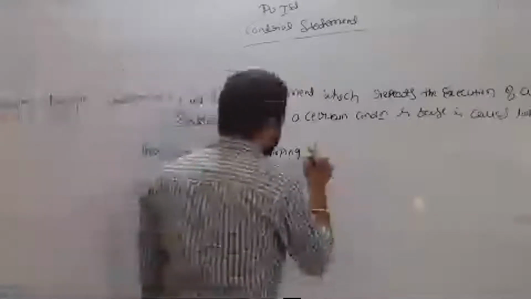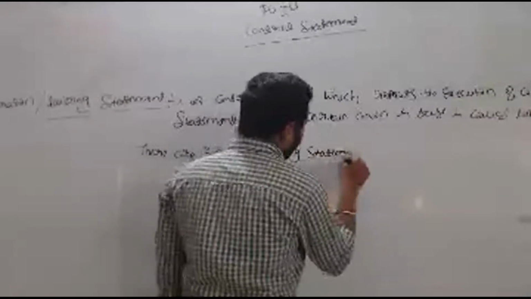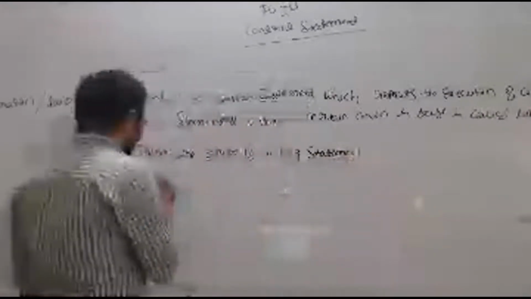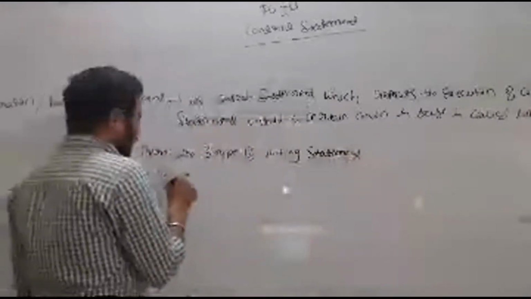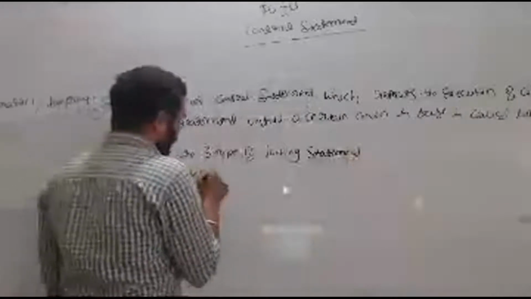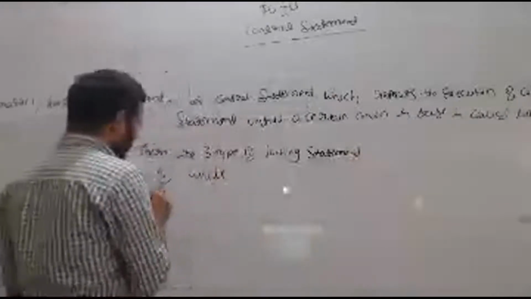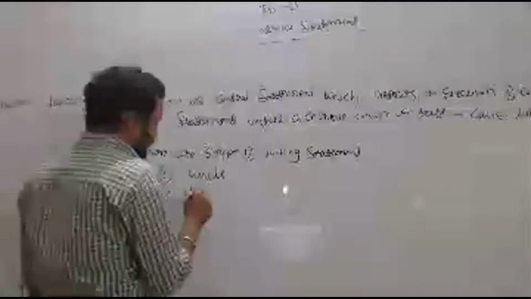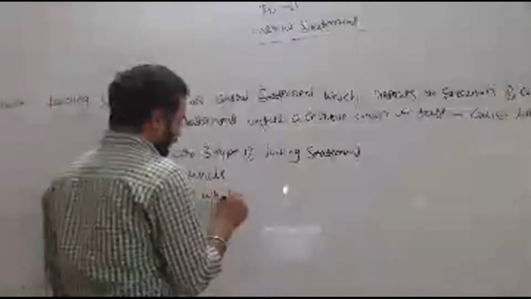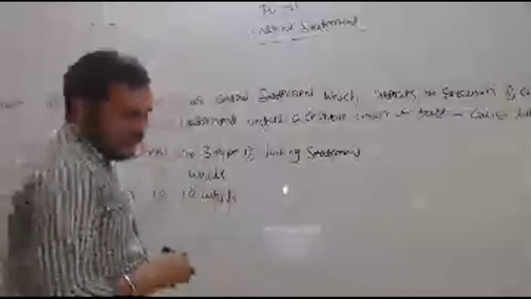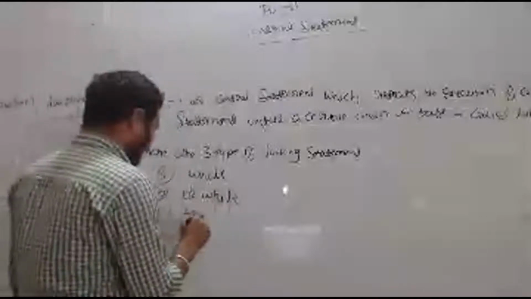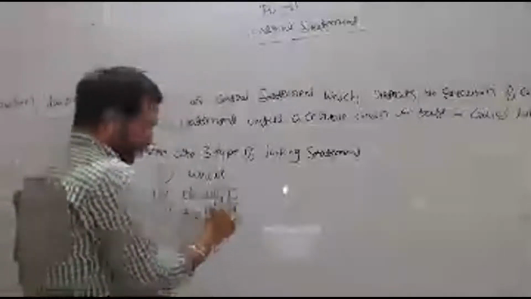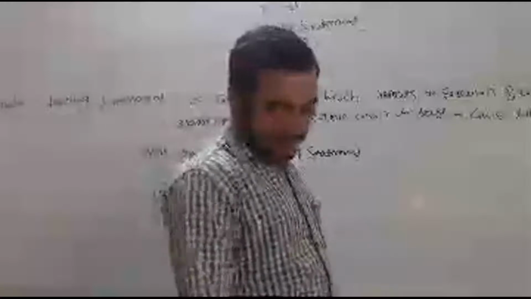There are three types of looping statements: while, do-while, and the for loop statement.